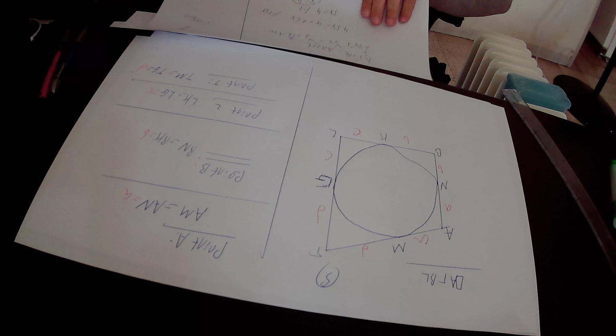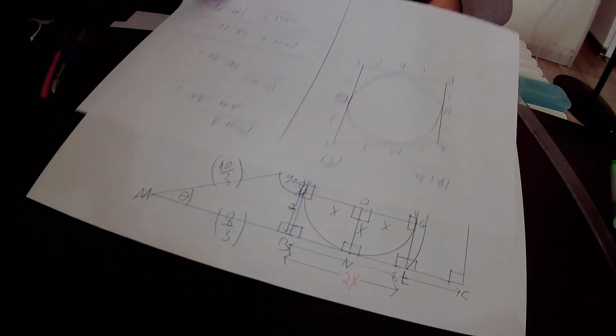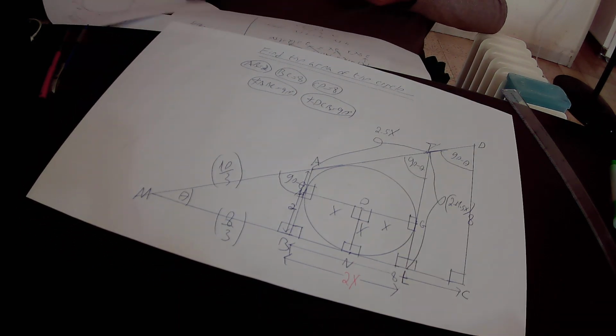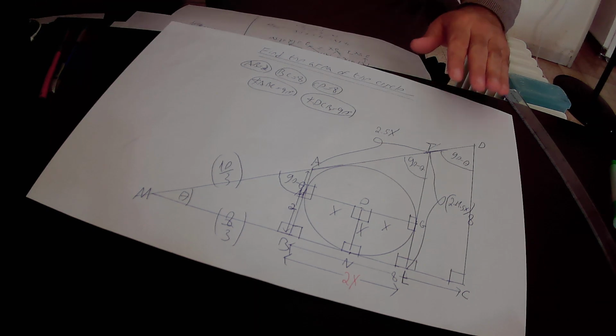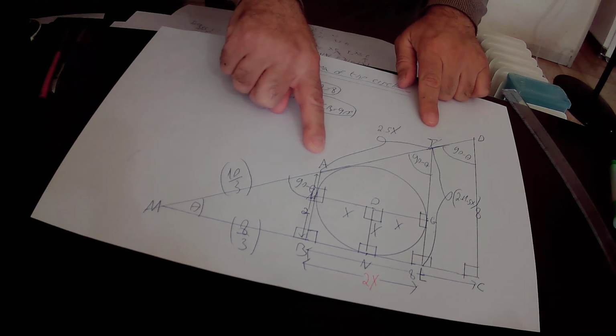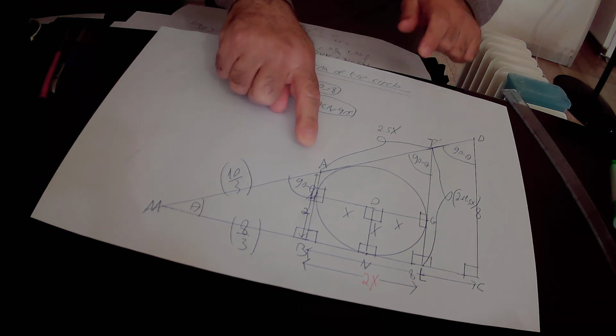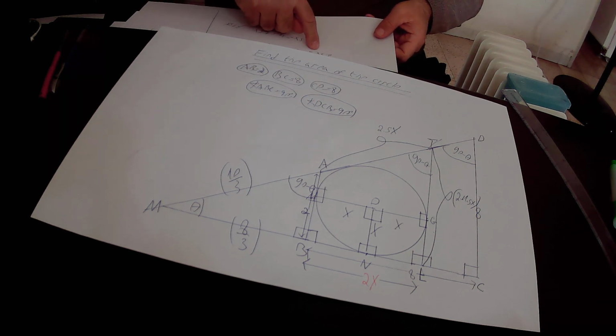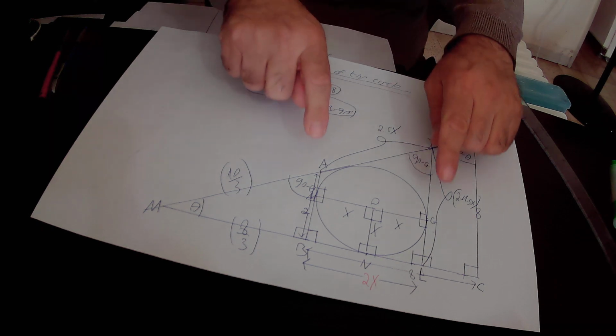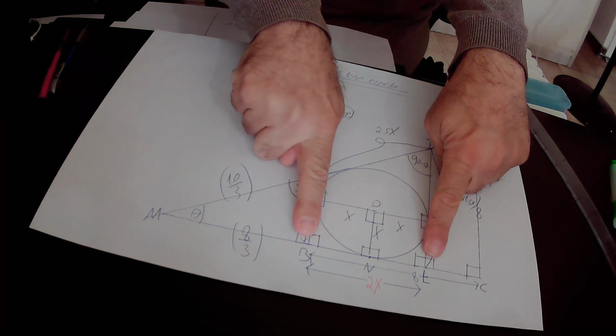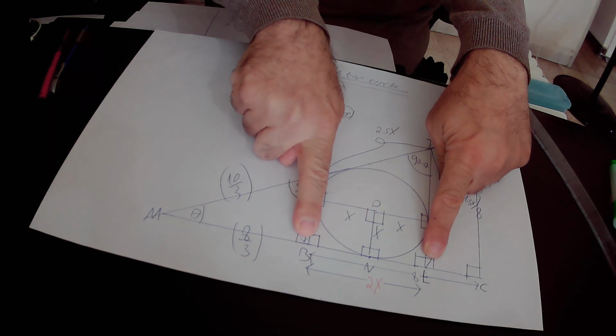So AT is 2.5x. So substitute AT by 2.5x. BL is 2x, so substitute BL by 2x.